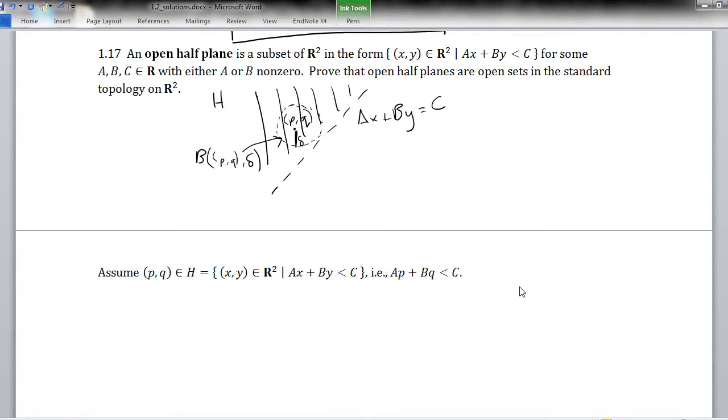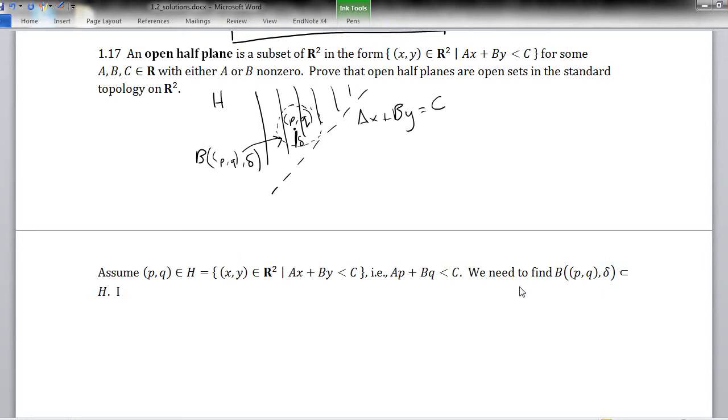And what we need is to find some ball about (p, q) of radius delta. You'll see in a bit why I'm using delta instead of epsilon here. Such that this ball is a subset of the open half plane H.